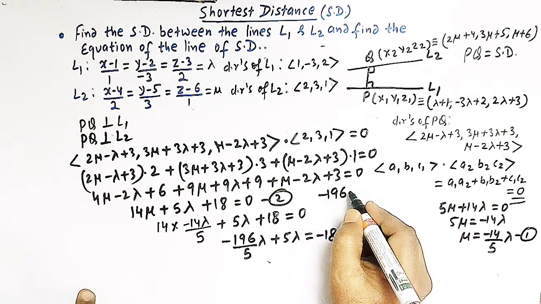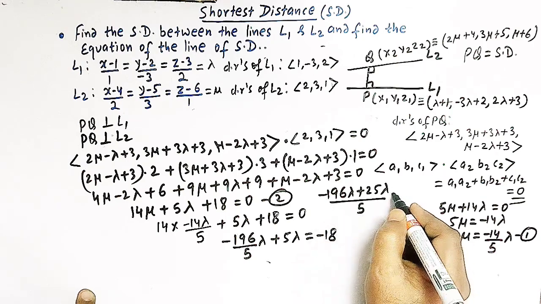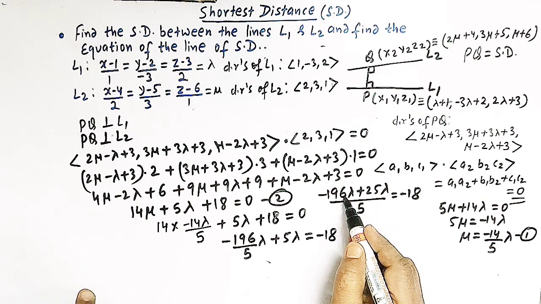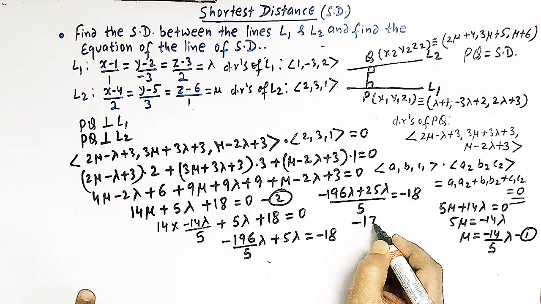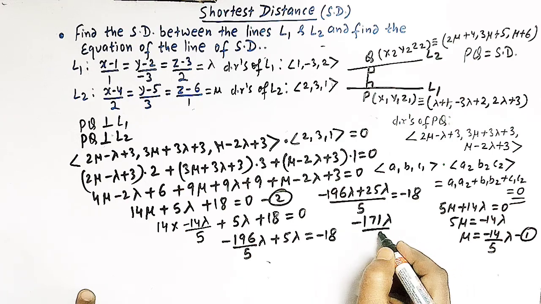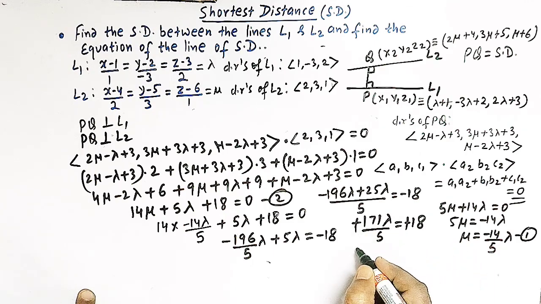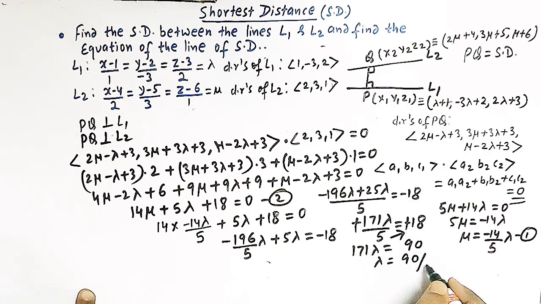So minus 196 lambda plus 25 lambda over 5 is equal to minus 18, and minus 196 plus 25 is minus 171 lambda over 5 and minus 18. So minus and minus get cancelled. So we have 171 lambda is equal to 5 times 18, which is 90, and we have 90 over 171, right?